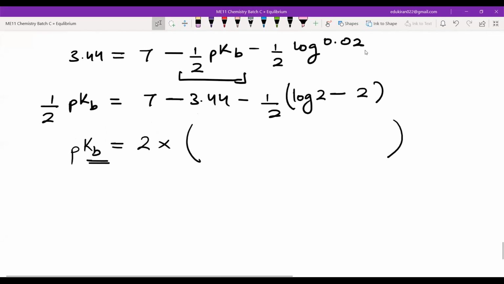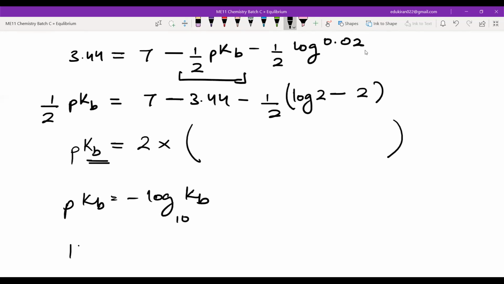Once you have got the pKb, what are you going to do? You will write Kb. pKb is minus log of Kb, so 10 to the power minus pKb will give me the Kb, similar to pH.